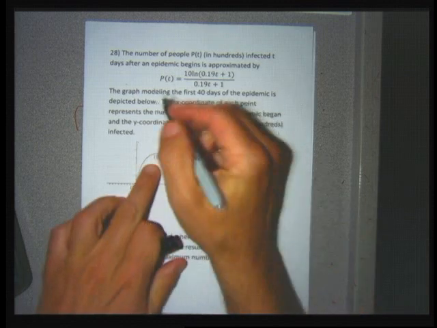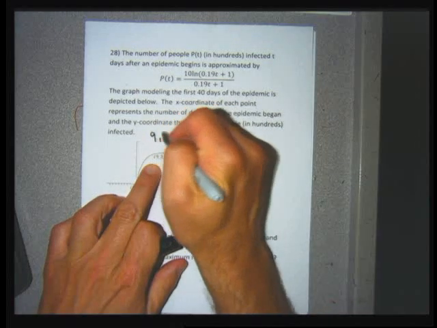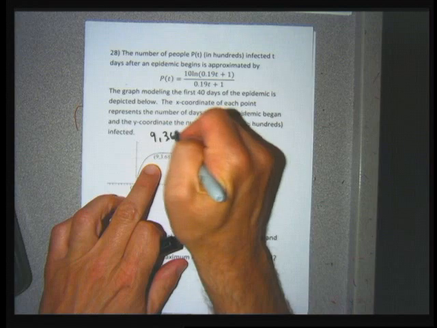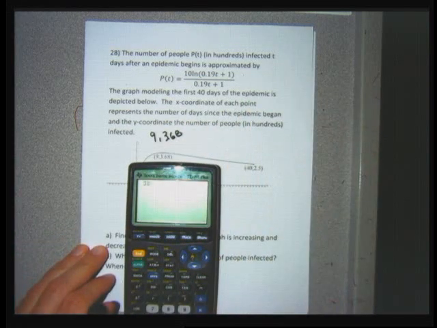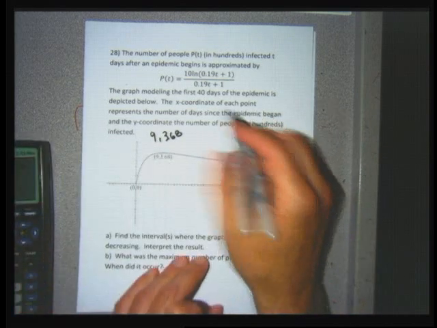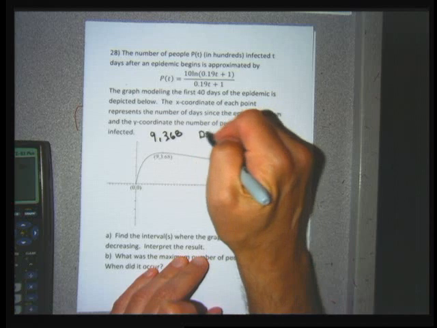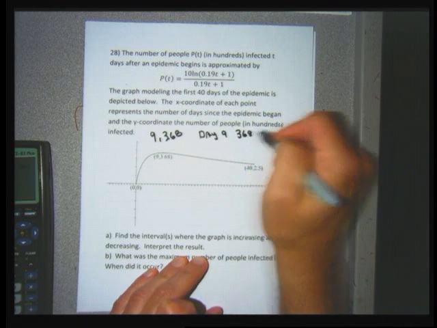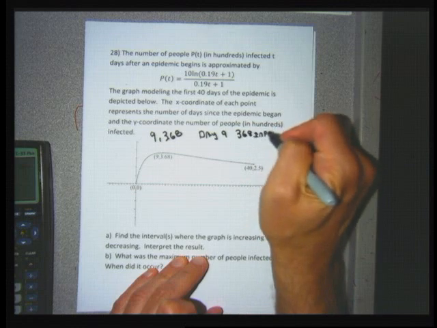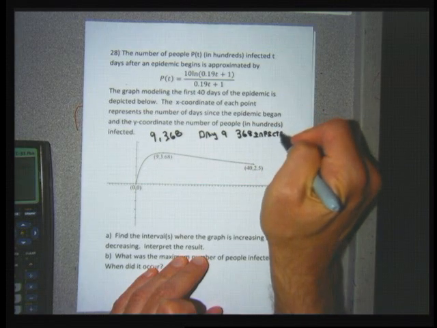So the y coordinates. So this point 9 comma 3.68, if I multiply 3.68 by 100, I move the decimal over twice and get 368. This says at day 9, 368 people are infected with whatever disease is going on.